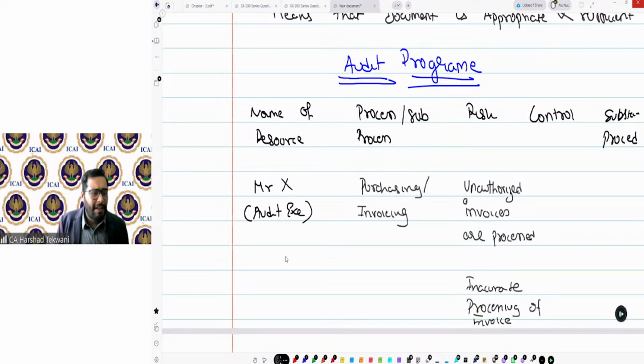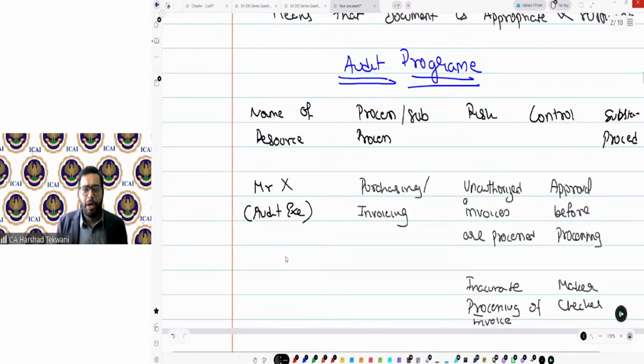So these are the two risks that have been identified in purchasing. Hypothetical example. So there is a control, a kind of approval before processing, and a maker checker control. Okay, there are two controls. So we had a risk, we had a maker checker control.